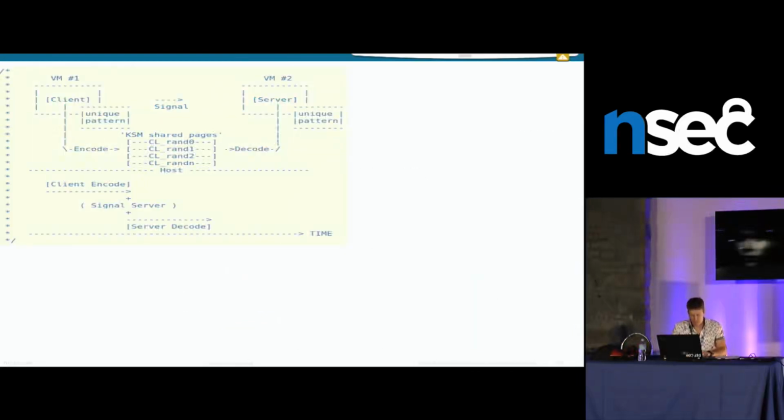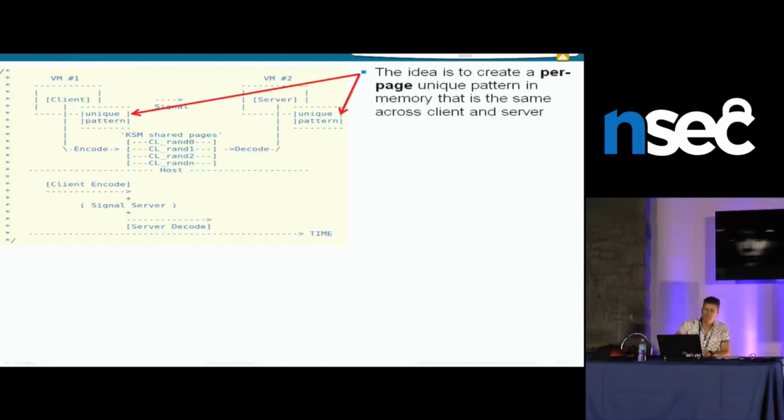All right, now going back to our test program. Remember, now I have to find shared cache lines across two different VMs. So I'm thinking about KSM. What I decided to do here is that the client and the server create, let's say in memory, a per-page unique pattern that is the same across the client and the server.